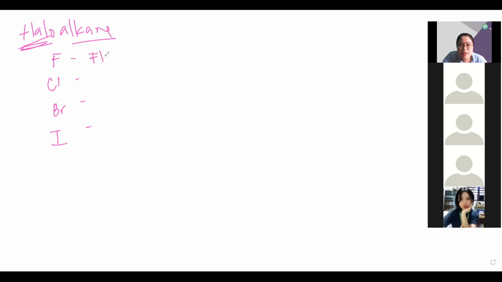So pag isusulat natin sila, fluoro. For example, if fluorine is found on carbon number 1, then that is called 1-fluoro. And then this is called chloro, bromo, and this one is called iodo. So yan yung magiging names ng mga halogens if they are used as substituents for our alkane. Okay, additional lang yan siya.